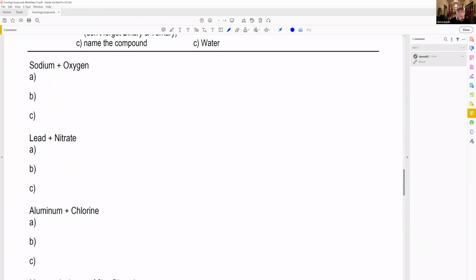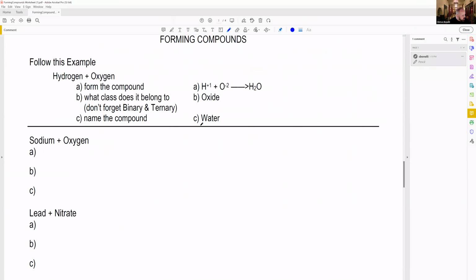So if I'm following the parameters of the assignment, the first thing I'm going to do is indicate my sodium, which has a +1 valence, plus oxygen with its -2 valence yields, remember that right facing arrow, Na2O, right? I took oxygen's charge and made it sodium's subscript, and I did the same thing for oxygen. I took sodium's charge and made it oxygen's subscript.